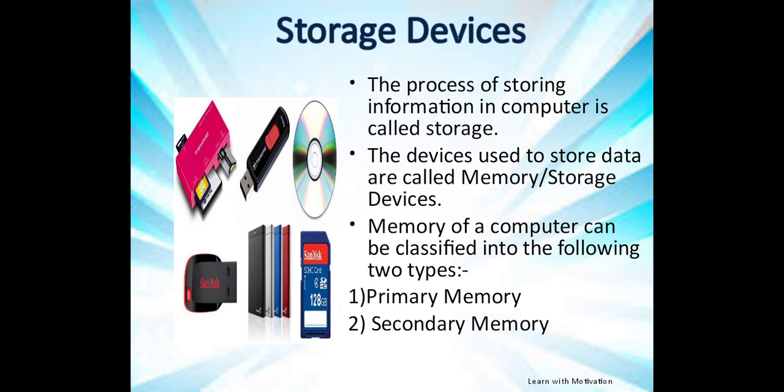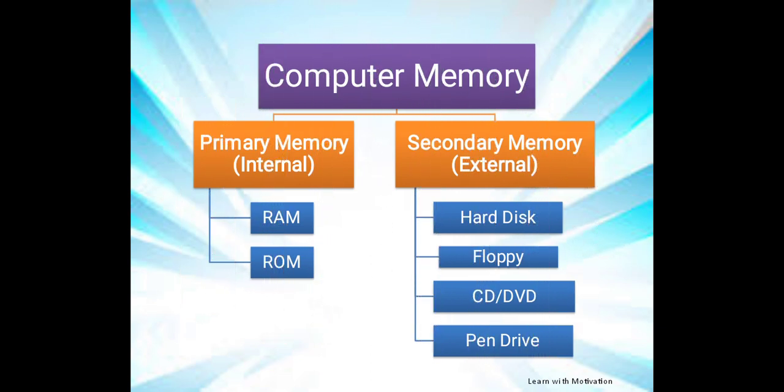To make it easy to understand, we can divide it into two types: primary memory and secondary memory. Students, the memory inside the CPU is called internal memory or primary memory, and all the devices which are outside the CPU are called external memory or secondary memory.